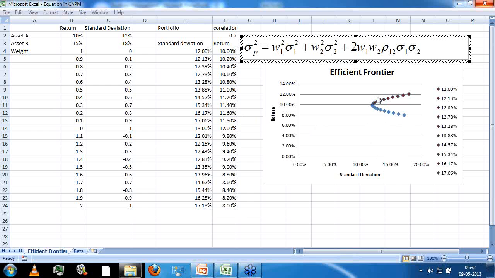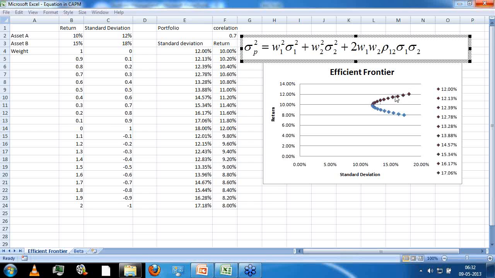Since this curve is like this, for a point here on standard deviation, you will get two different returns. Suppose you are going to 15% risk, then you are getting two different returns.